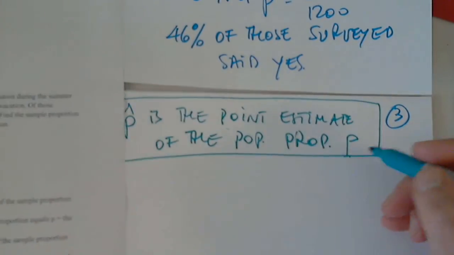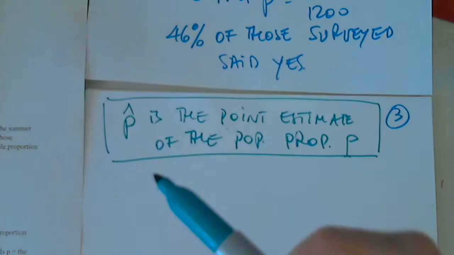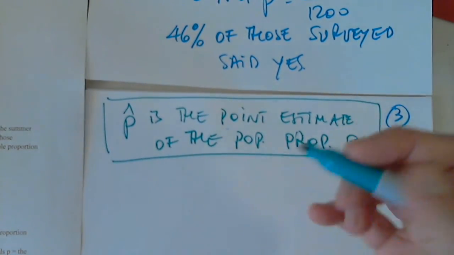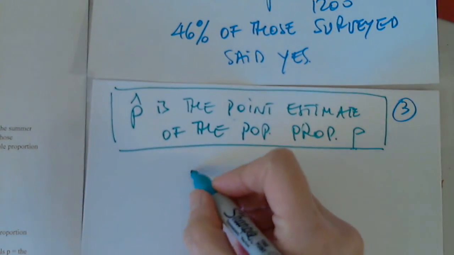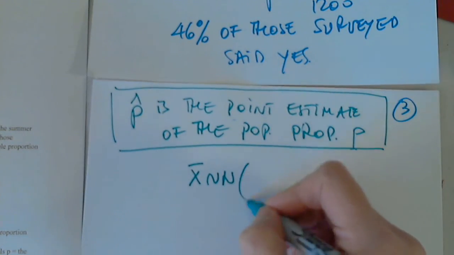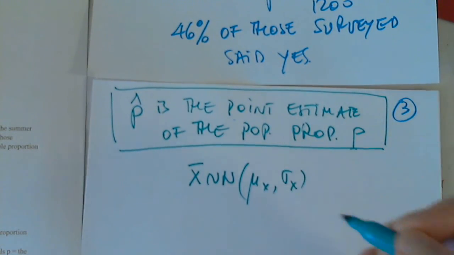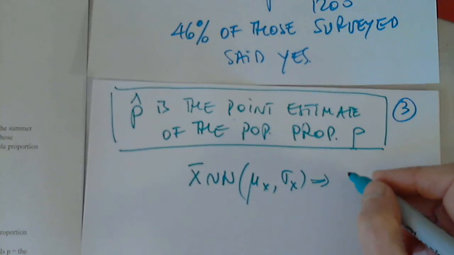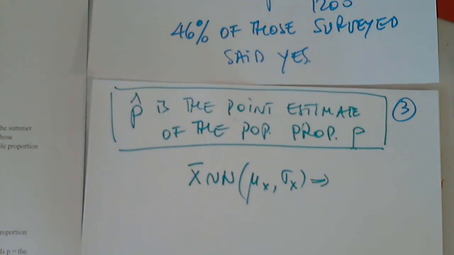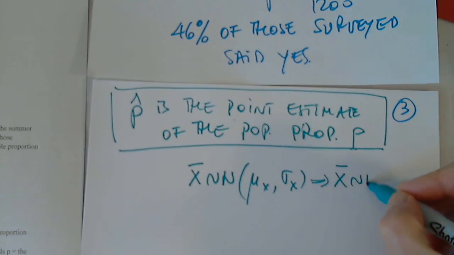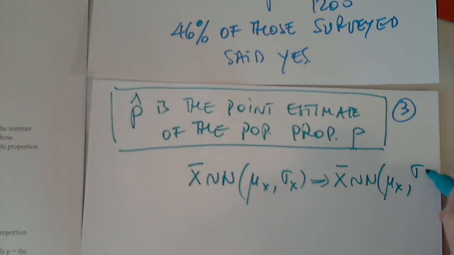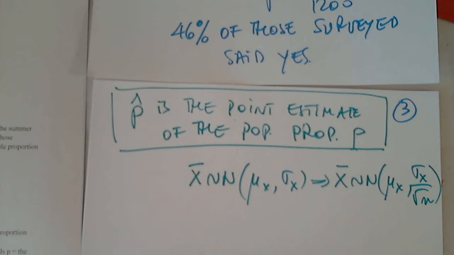Okay, now we want to talk about the distribution of this. Remember what we said? We just looked at a very good example. We said X was normal with mu X and sigma X. And then from here we concluded that X bar was normal with mu X and sigma X over the square root of n for any n.